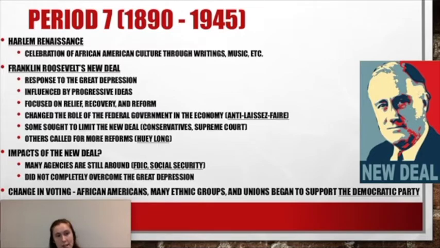Now, we are going to see a massive change in voting and a massive change in political alignment here within the United States. It's really interesting because we look at the development of the Republican Party, right, and we look at the development of the Democratic Party. The Republican Party, at the beginning of its development, was about stopping the spread of slavery.